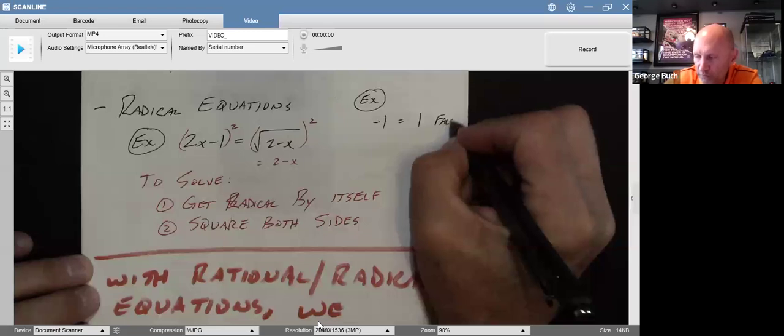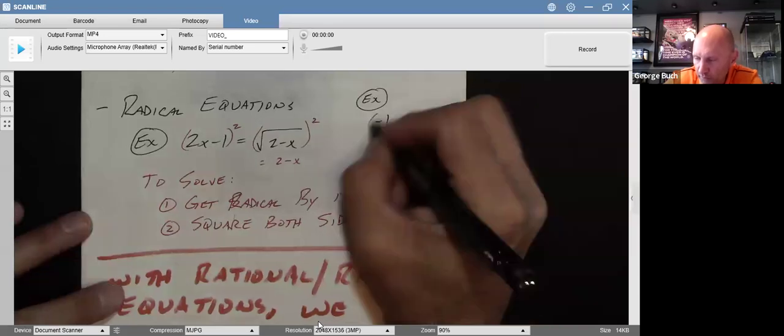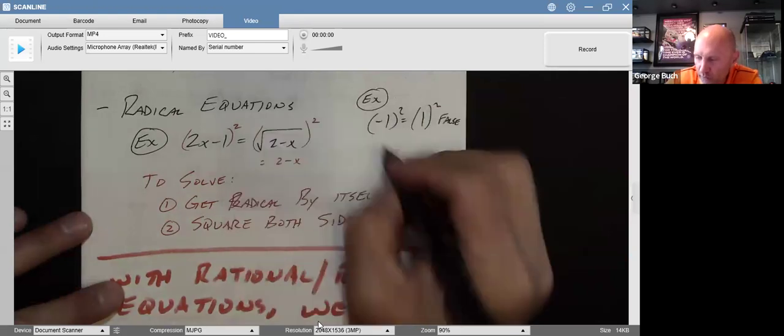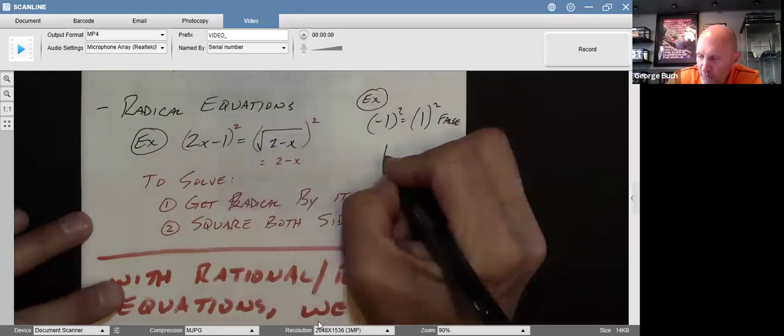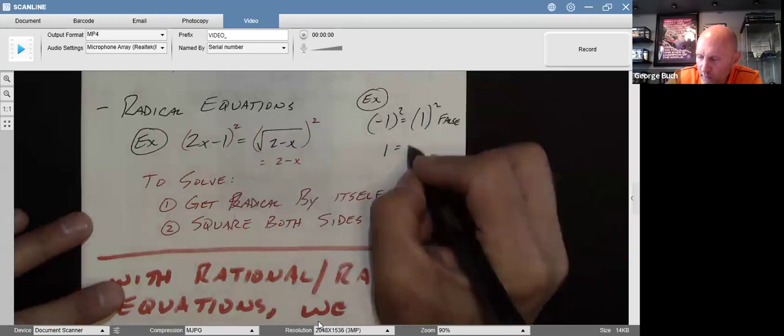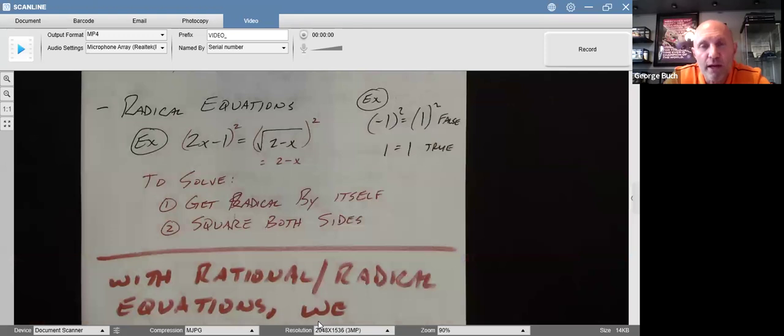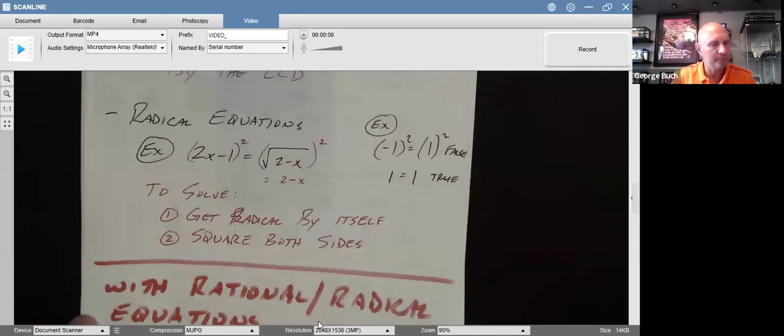But what if I square both sides? Like I do when I solve a radical equation. -1 squared is +1. +1 squared is +1. That's true. So now I just created a true equation by squaring both sides, even though I didn't start with a true equation. So we have to check our answers on those type of equations.